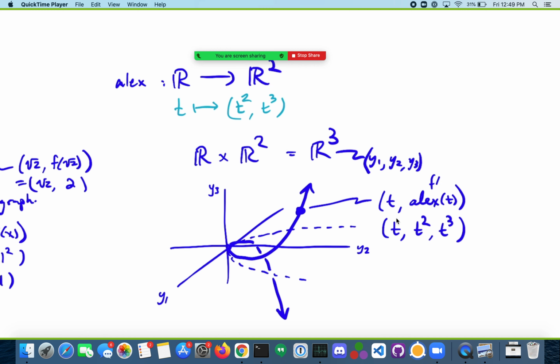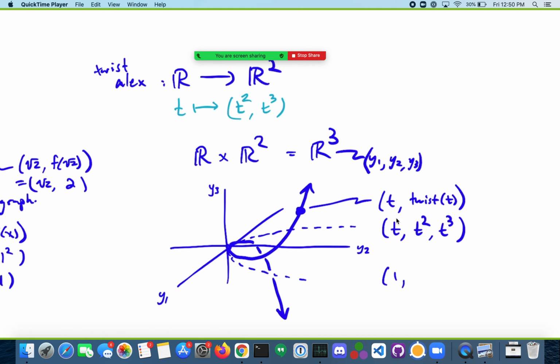This could have been f of t, but I was feeling like making a point, because often in computer science you name your functions with words that are descriptive of what they do. So a better name would have been like twist. So then I could have called it twist of t. That's more descriptive of this map, of this function.